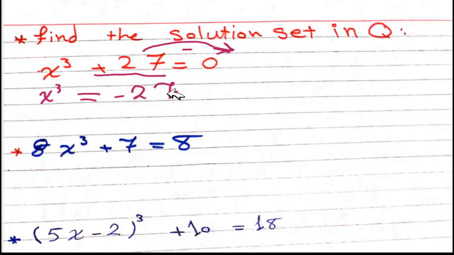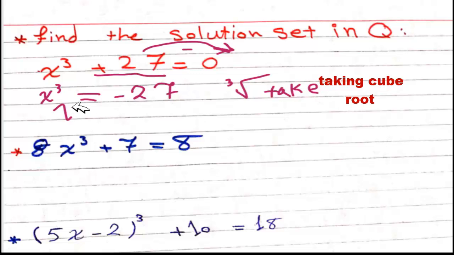Now I have x power 3. But to find the solution set, I have to find the value of x without this power. To cancel power 3, you have to take the cube root. The cube root of x power 3 is x, and the cube root of negative 27 is negative 3.